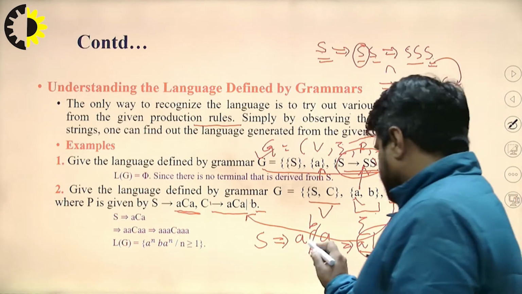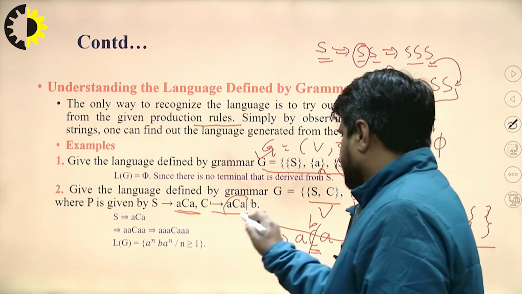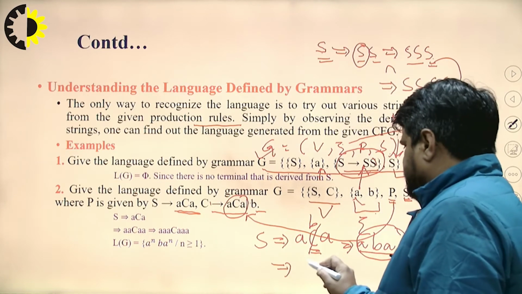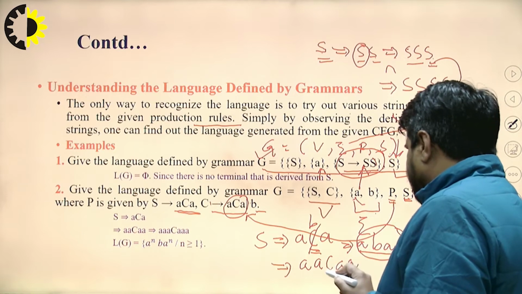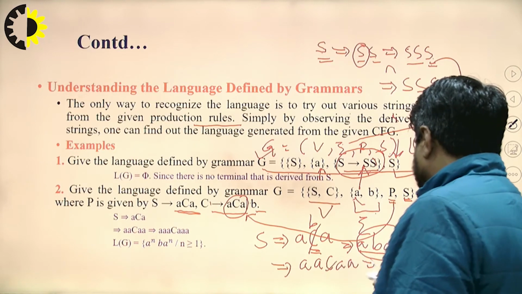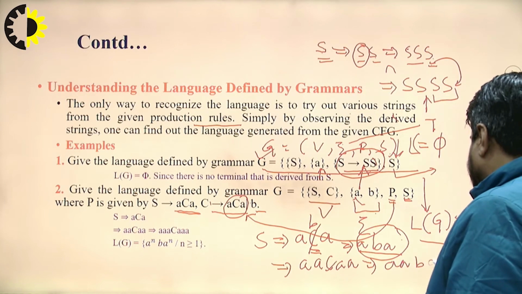After that, suppose we replace C by aCa, meaning we use this production one time. So aCa will be achieved. After that, this C gets replaced by b, so you will achieve aaCaa, and then aabaa.